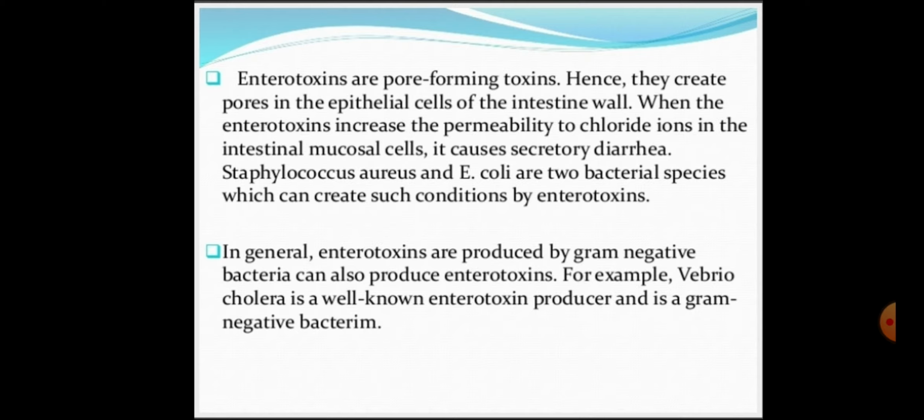When enterotoxins increase the permeability to chloride ions in the intestinal mucous cells, it causes secretory diarrhea. Staphylococcus aureus and E. coli are two bacterial species which can create such a condition by enterotoxins. Gram-negative bacteria can also produce enterotoxins; Vibrio cholerae is a well-known enterotoxin producer and it is a gram-negative bacterium.